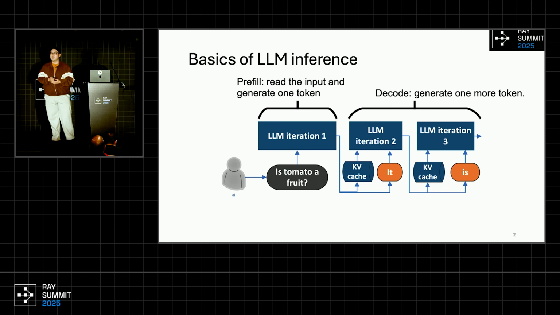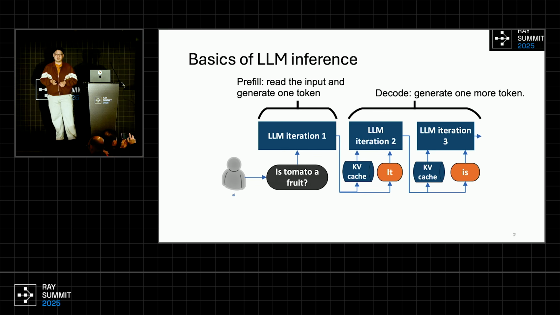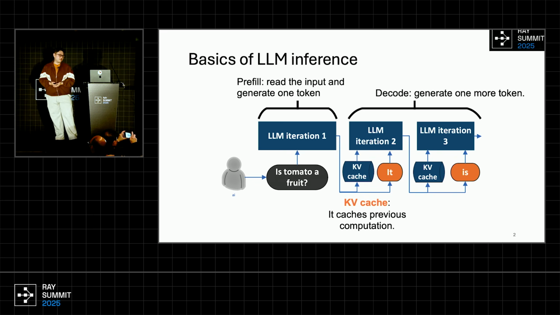Basically, large language model inference is separated into two stages. The first stage is called prefill, where the large language model reads the whole input and generates one single output token. Decode just generates one more token after the previously generated tokens. The key thing here is a special data called KV cache.